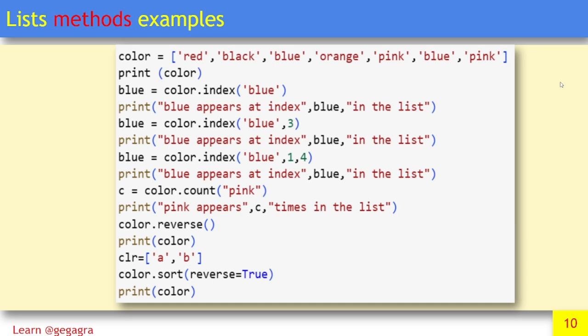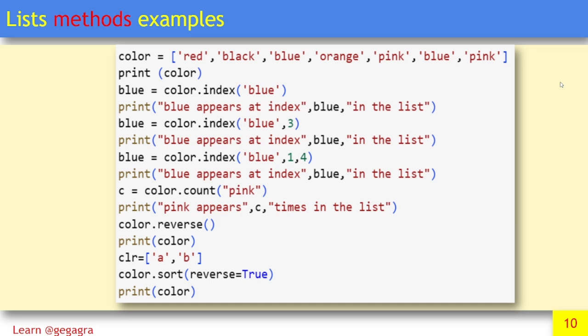When we apply the statement blue is equal to color dot index blue 3, it means after the third index, what will be the next index of blue? 0 1 2 3, and after 3 this is the fourth and this is the fifth, so this will give you 5.